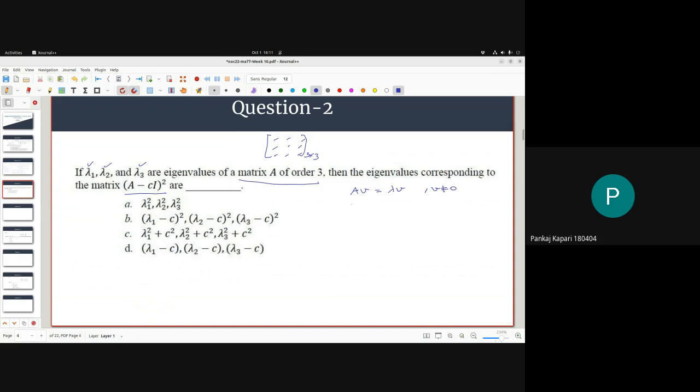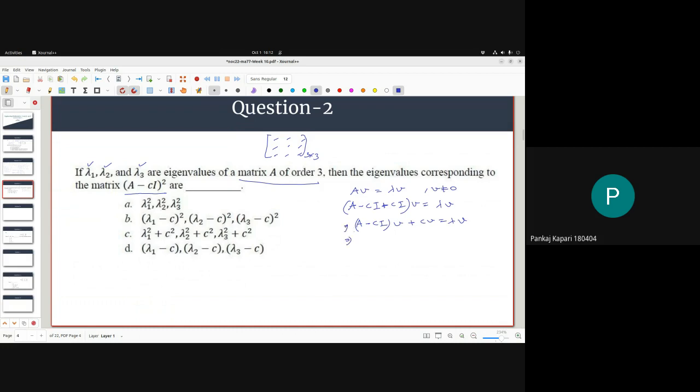Now let's subtract C times identity and also add C times identity. We can add and subtract this because they just cancel each other. So this must be equal to lambda times V: A minus Ci times V plus C times V is lambda times V. We have just opened this bracket.